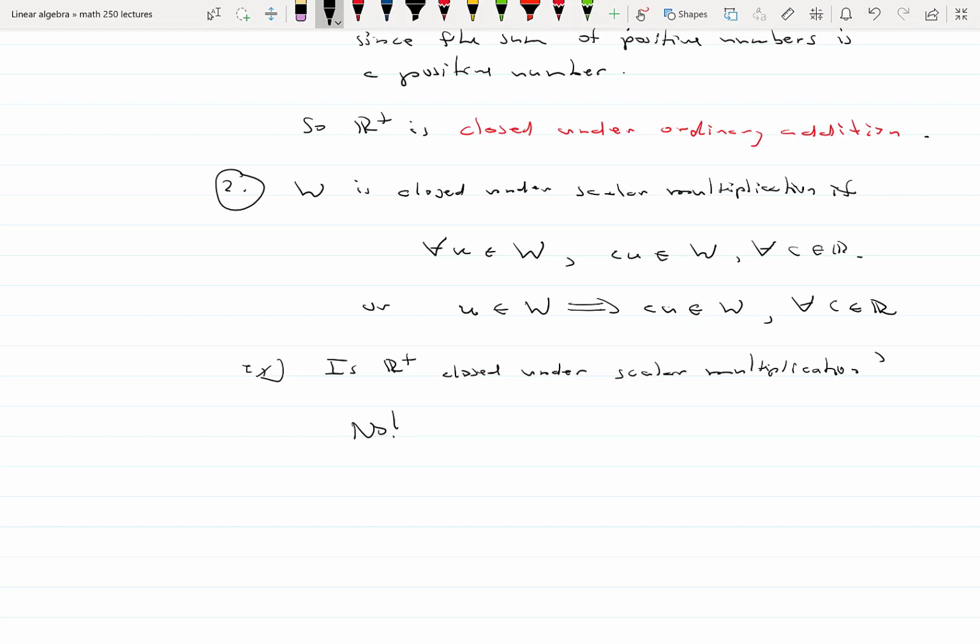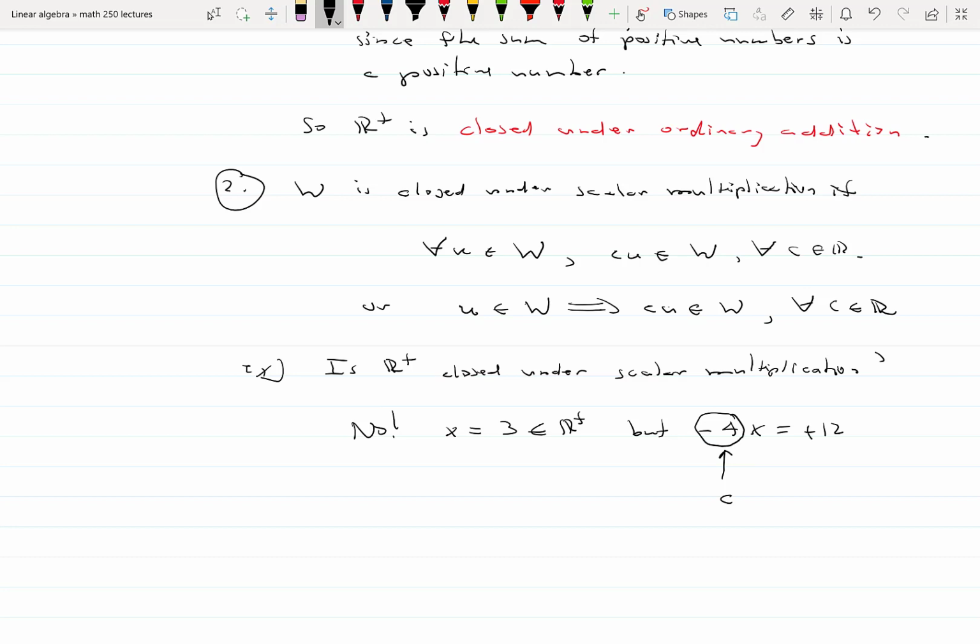No. Example. x equals, let's say, 3 is in there. But negative 4x, that's my c, I chose c to equal negative 4, is negative 12.